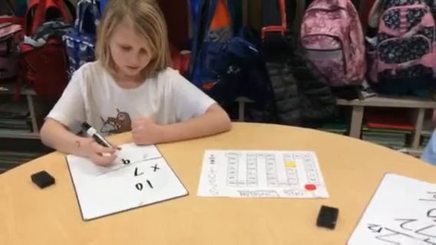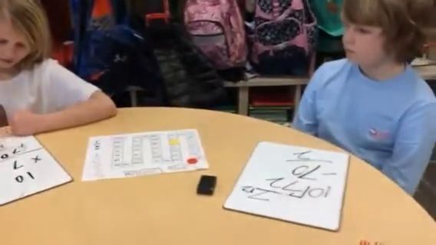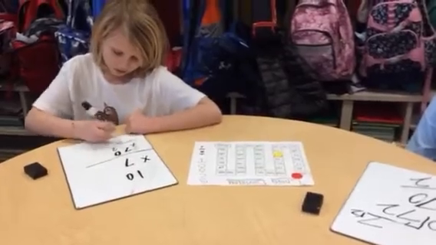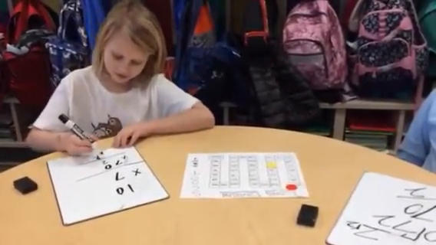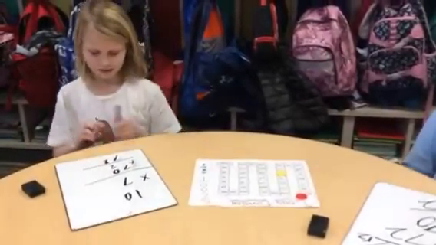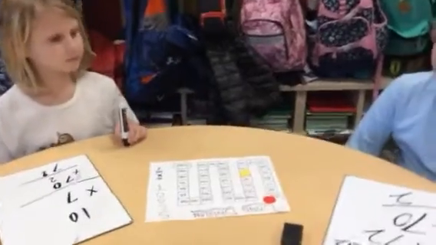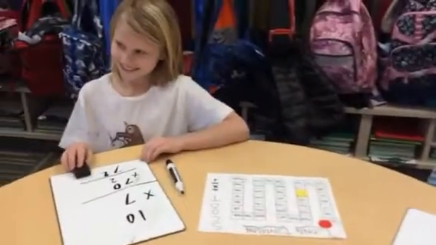Okay, and 7 times 1 is? 7. And now we have to add his remainder. So what is the remainder? 2. So 0 plus 2 is? 2. And 7 plus nothing is? 7. Perfect. Now, is that the same answer that he landed on when he did his turn to start with? Yeah. Okay, very good. So that means that Kiefer can stay.